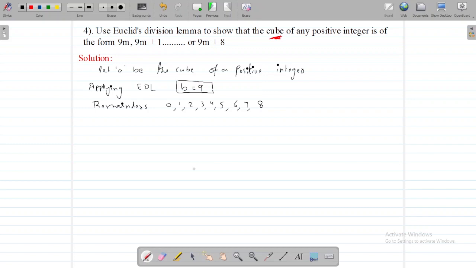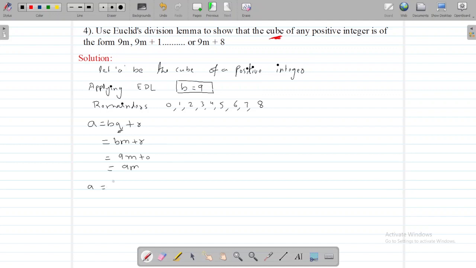So these are my remainders. Therefore, we can write a is equal to bq plus r. So now in place of q, I am writing m, so this is 9m plus 0, that is nothing but 9m.